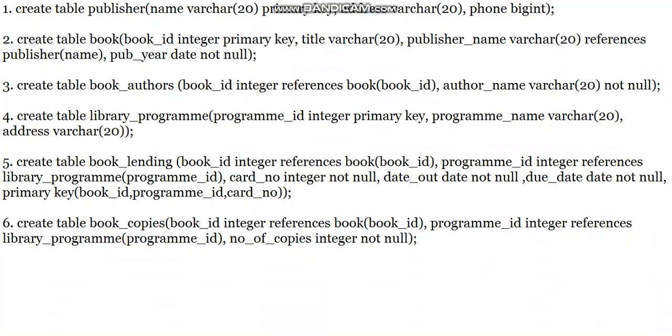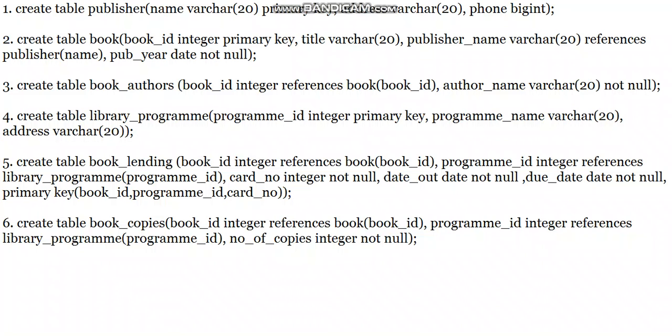This one is the independent one, and this depends on the publisher table. So it references the publisher table's name, and the next one is publisher year, which I have taken as a date with a not null constraint.